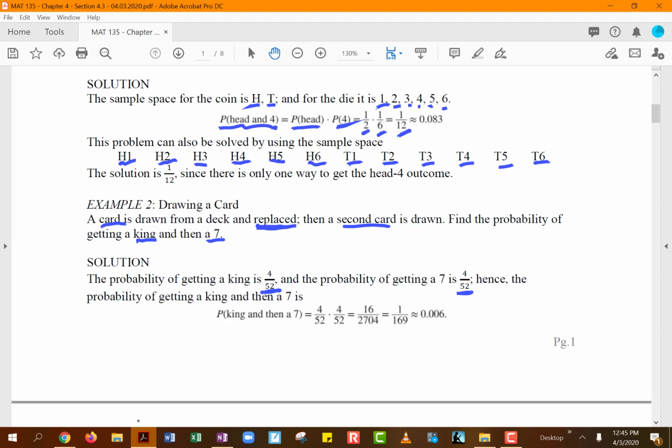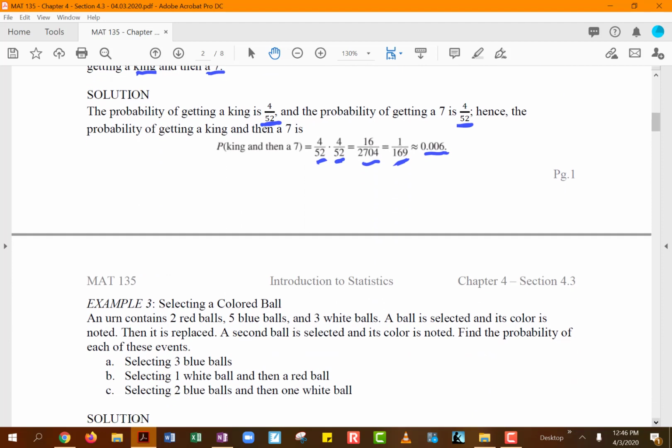So the probability of getting a king and a 7 is 4 out of 52 multiplied by 4 out of 52, which comes out to be 16 over 2704, or if you reduce that, 1 over 169, and that's a probability of 0.006. So again, you can see it's a pretty straightforward formula when you're trying to find these probabilities for events that happen in a sequence, and of course they have to be independent events, right?